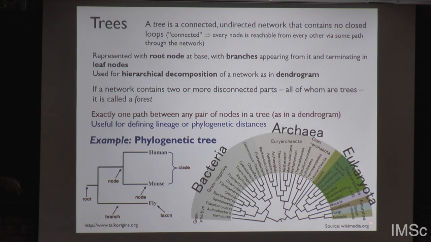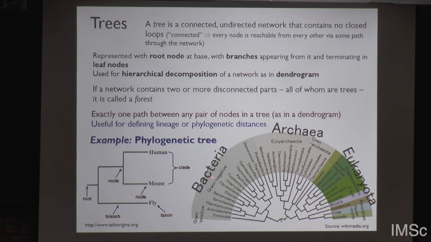Often trees are used extensively in biology for doing dendrograms. So typically they would show a hierarchical decomposition, for example showing the lineage relations between various species. Okay, just a technicality: sometimes, just as graphs can be fragmented, just as networks can be fragmented, trees can also be fragmented, in which case, not surprisingly, they are called a forest because the various fragments are trees.